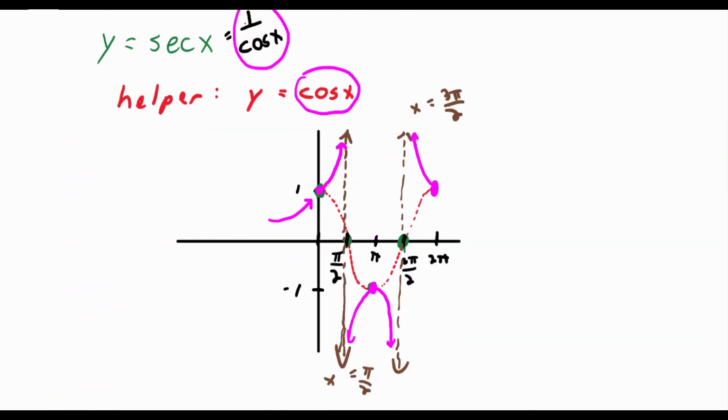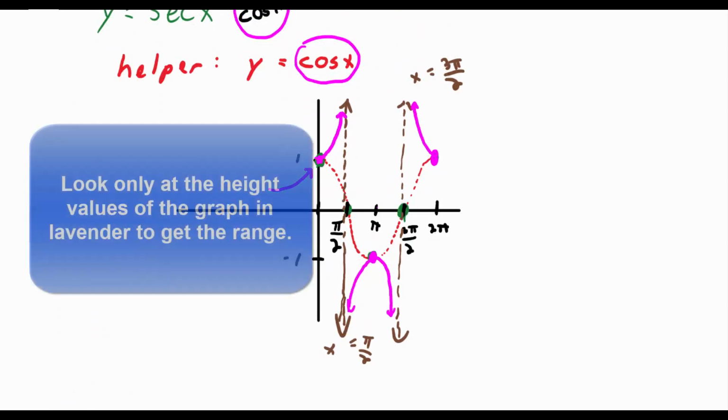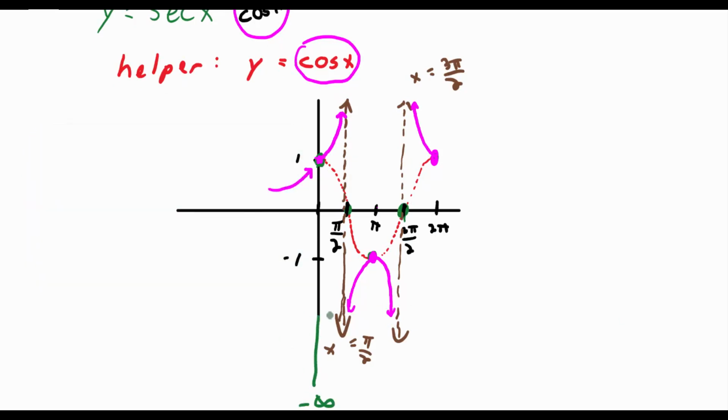The range, this is interesting. It goes from negative, if you think height-wise, negative infinity is down here somewhere, right? Negative 1 is right here. That would be one interval in the range, right? And then from 1 right here all the way up to, on the y-axis, positive infinity is up here somewhere.